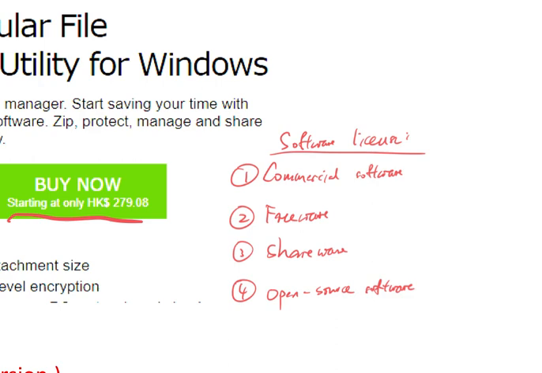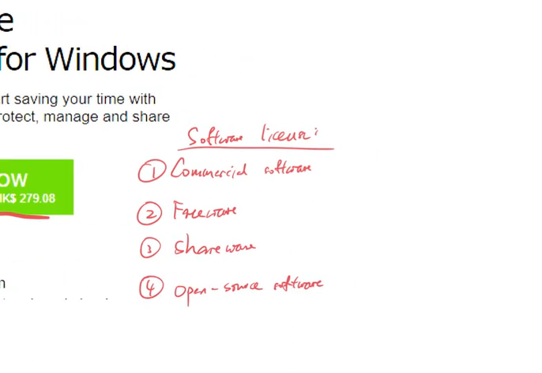And the most important difference is for commercial software you must pay to use it. For freeware it is really free to use it, and for shareware you may be free to try it for some evaluation period, let's say 1 month or 7 days.